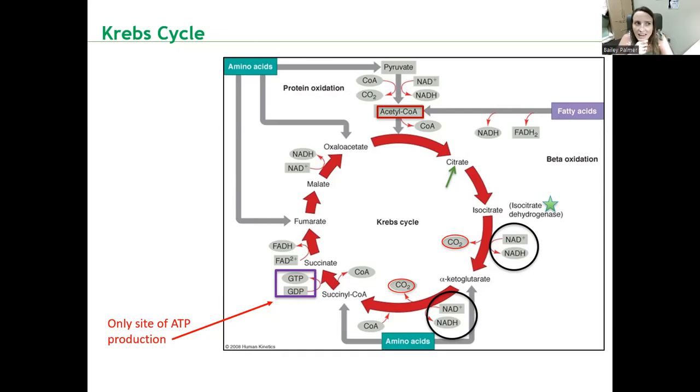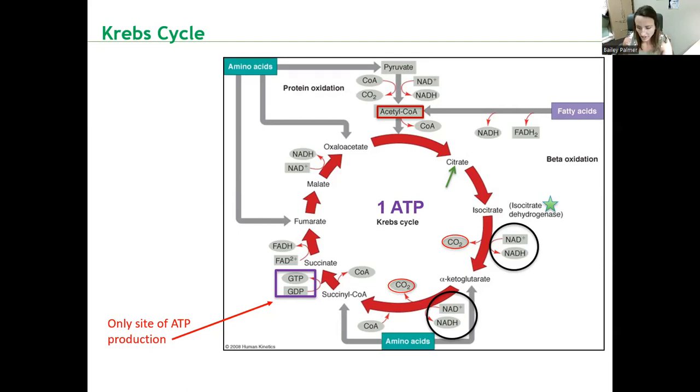That's G-U-A-N-O-S-I-N-E. Guanosine triphosphate is energetically equivalent to ATP, but its use is more restrictive, used in muscle protein synthesis. I'll show on the next slide how ATP and GTP work and produce energy, but this is our one site of ATP production.